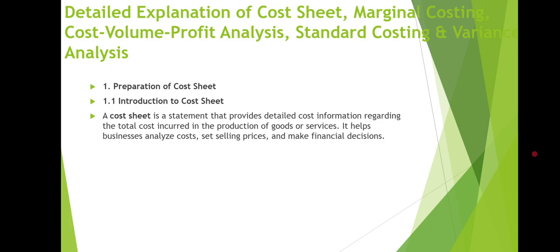And so it is very helpful for the businesses or the companies when they want to analyze the profit and loss for their business. So in that case, they can analyze the cost and selling prices of the product and services and accordingly take the decision in the market.